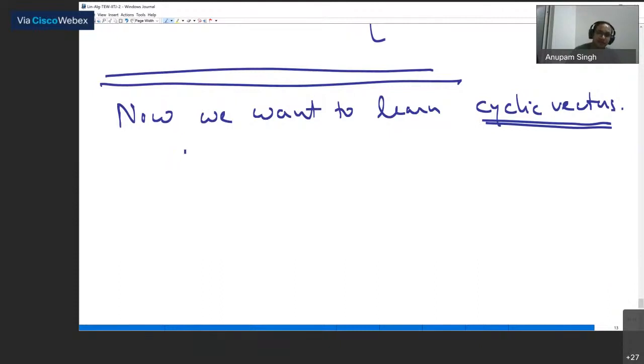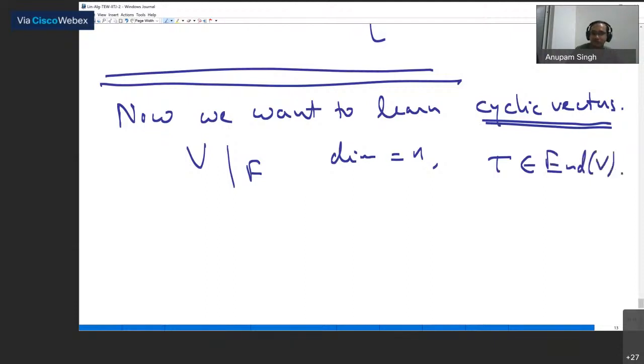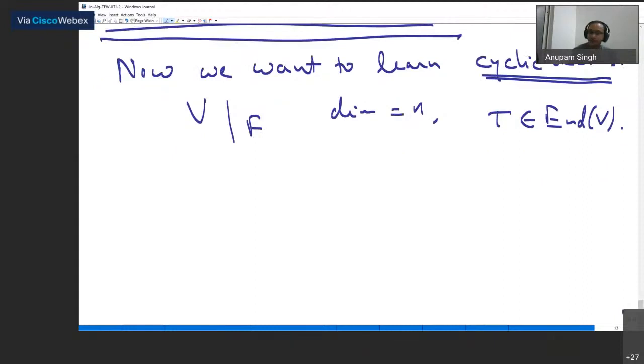So again, I have set up that I have a vector space over field F of dimension n, and I have some linear transformation T in End V. Right? This is what I have. Let's just recall something. So since I have field F and I am given T, I can consider the set of all polynomials over F. So this is a polynomial ring in one variable, and from the polynomial ring in one variable, I can define what I call a ring homomorphism.